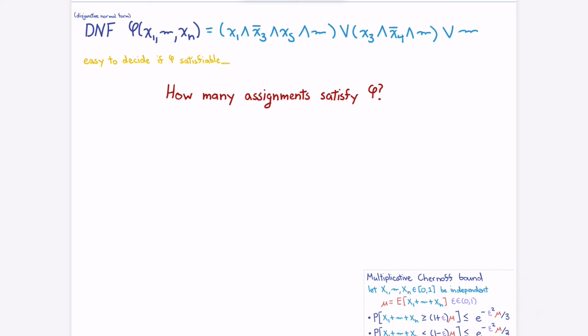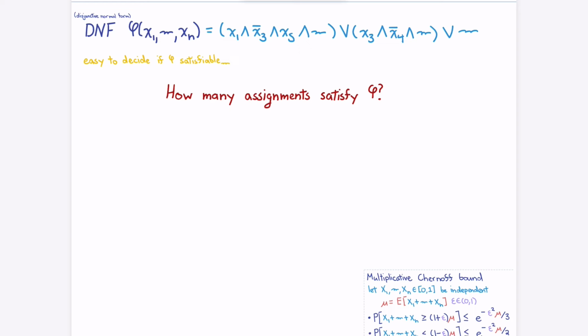Okay, so something like SAT, except it's disjunctive normal form. So instead of an AND of ORs, it's an OR of ANDs. So you can satisfy this formula by satisfying the first clause, or the second clause, or the third clause, and so on.